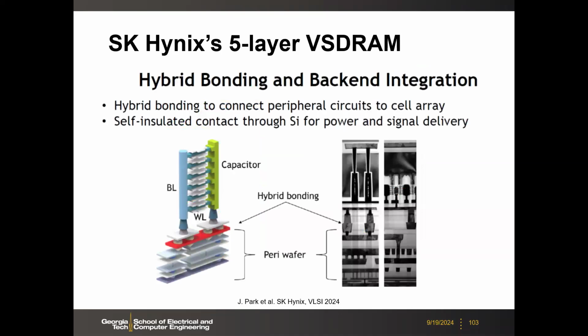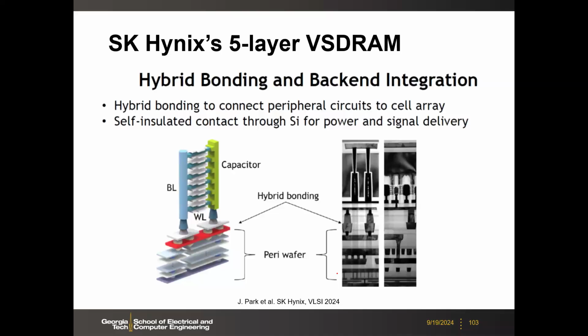Anyway, in this paper, SK Hynix demonstrated 5 layers, and for the peripheral circuits, they plan to do the bonding. Okay, this will also happen in the DRAM. The peripheral circuits, like your controller and clock, all kinds of peripheral circuits.